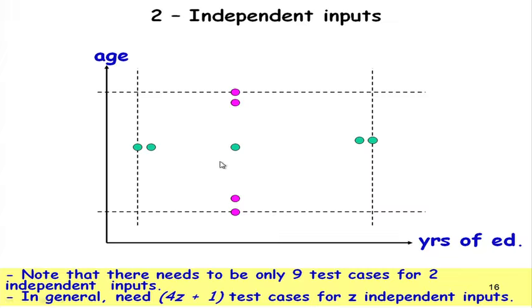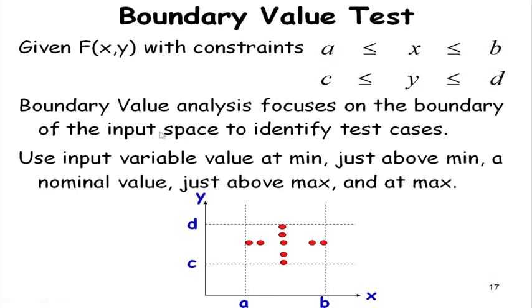So, for n independent inputs, we need 4n plus 1 test cases. So, we have just represented that there are two boundaries x and y. X has boundary between a and b, and y has boundary between c and d, and therefore, we need 2 into 4 plus 1, which is 9 test cases. So, 4 into 2 is 8, plus 1, 9.